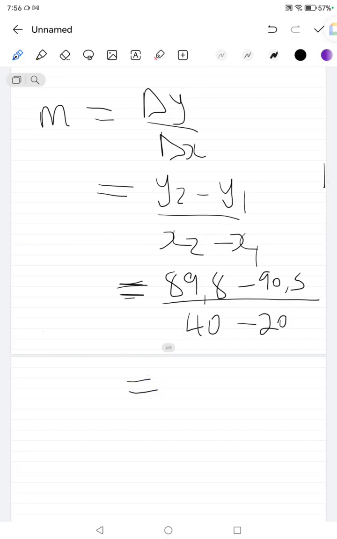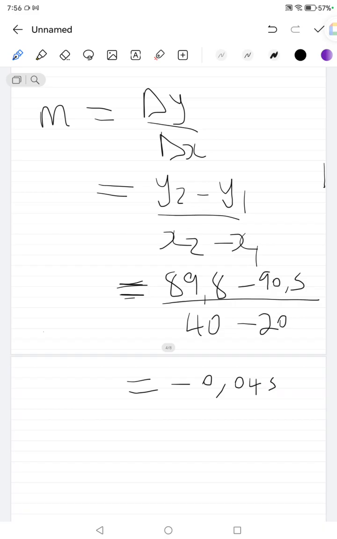Can you please calculate that for us? Negative 0.045. 0.45.